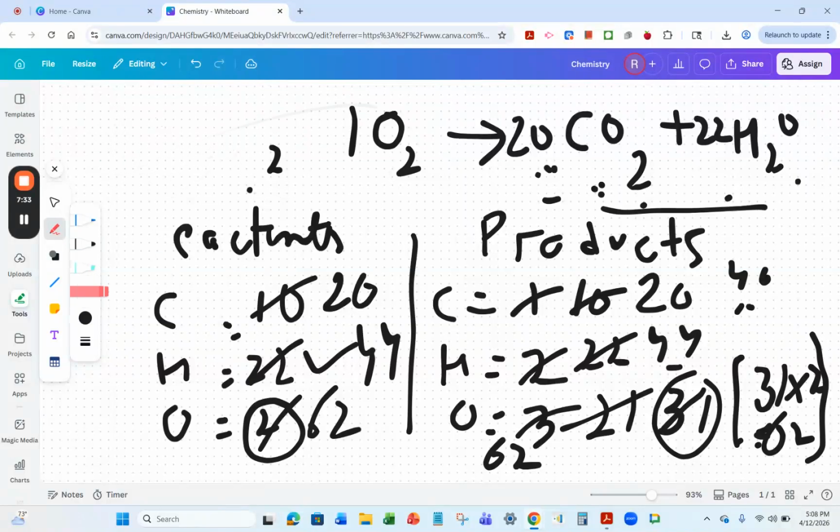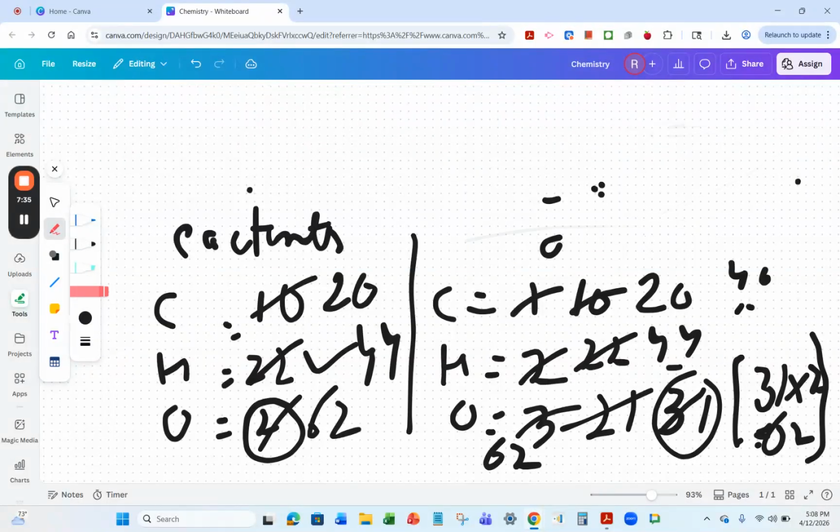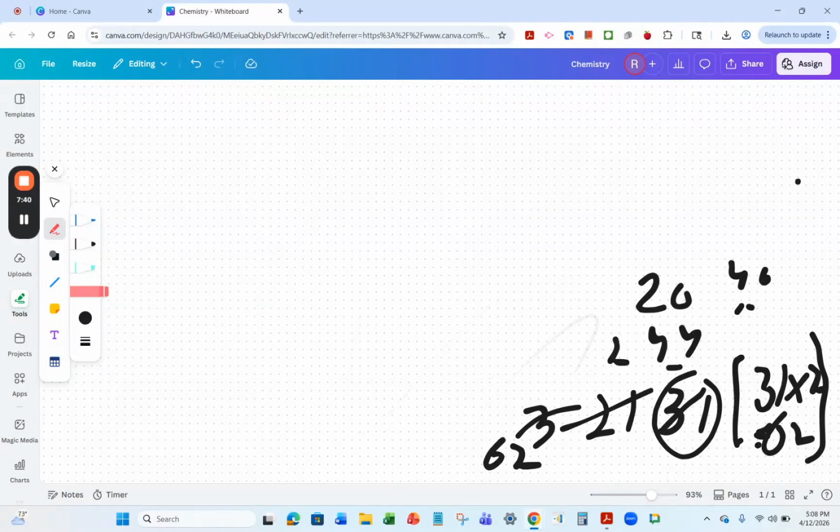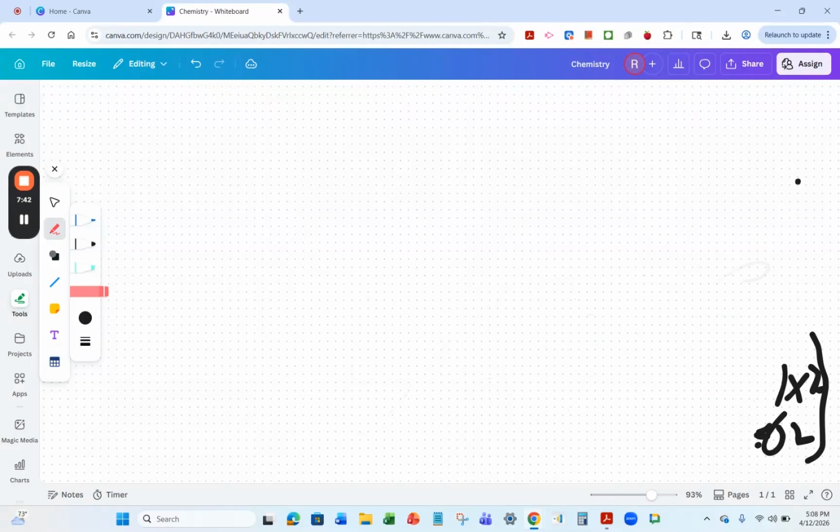Next, I'm going to show you the last example where you have a polyatomic ion, meaning where you have more than one non-metal in the formula. So here we go.